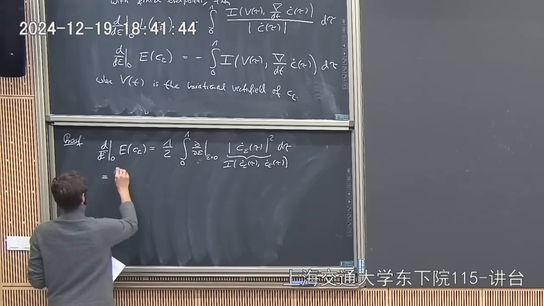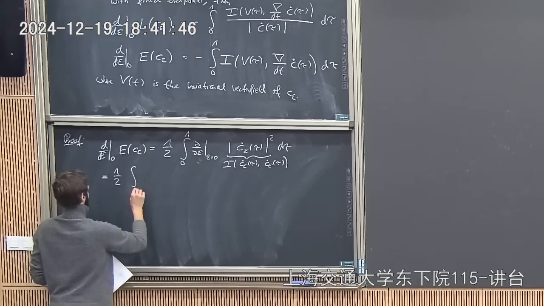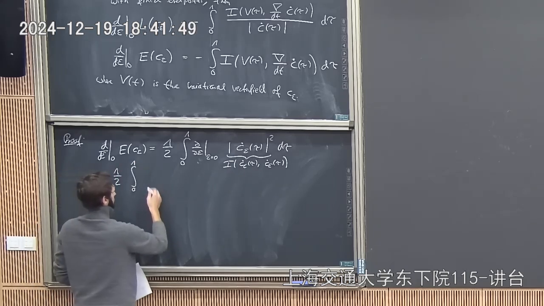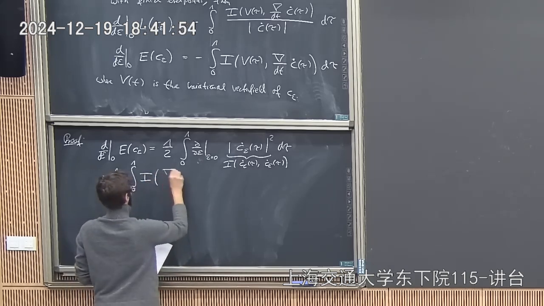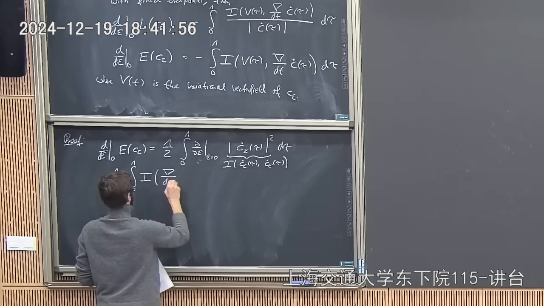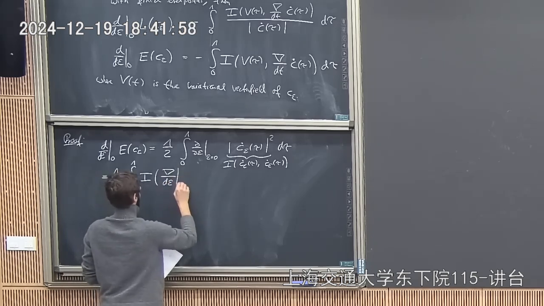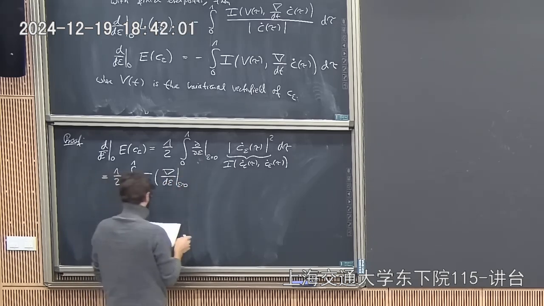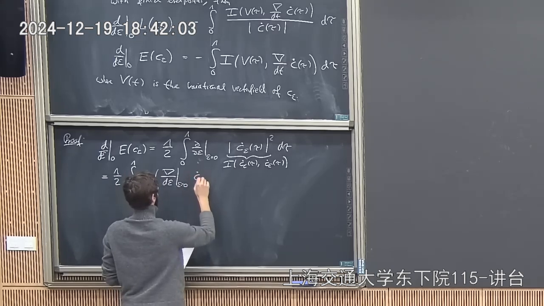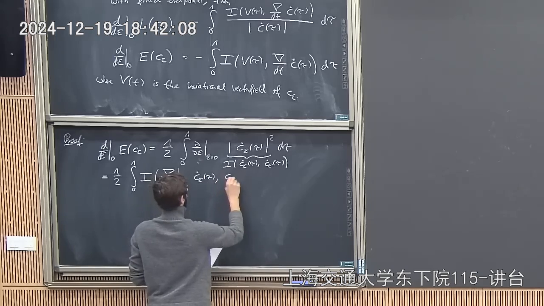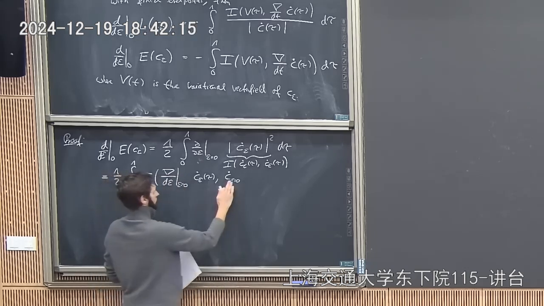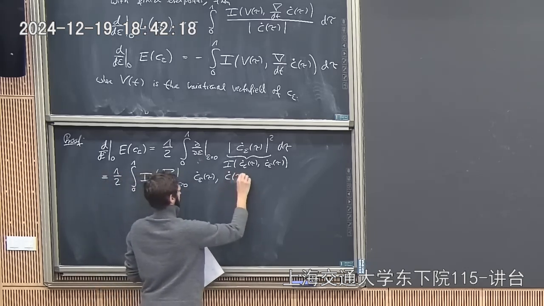So what we get is that it's 1/2 of the integral, and then we can plug in the variational covariant derivative at epsilon equals 0 of the curve C of epsilon at tau, and then we get C dot at epsilon equals 0, and that's just the curve itself. So that's C dot.